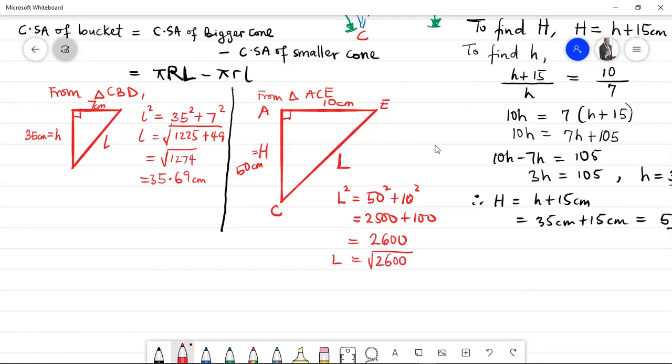And that easily gives us 50.99 centimeters.